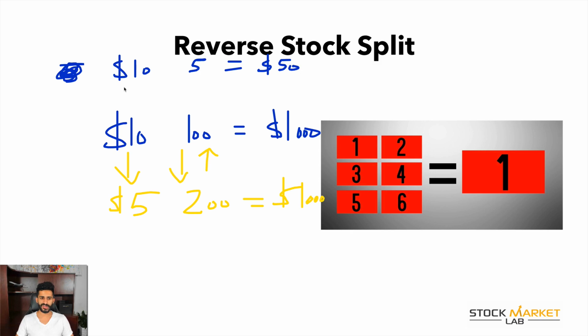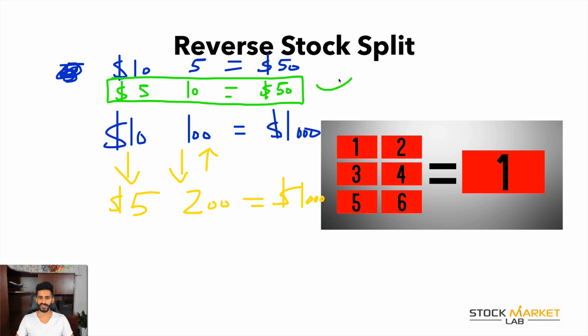So what tends to happen is if this goes to $5, right, your quantity goes up, right? So if you had 5 shares, you now have 10 shares, right? And the broker does this automatically. You now have 10 shares at $5. So at the end of the day, your valuation right here stays the same.